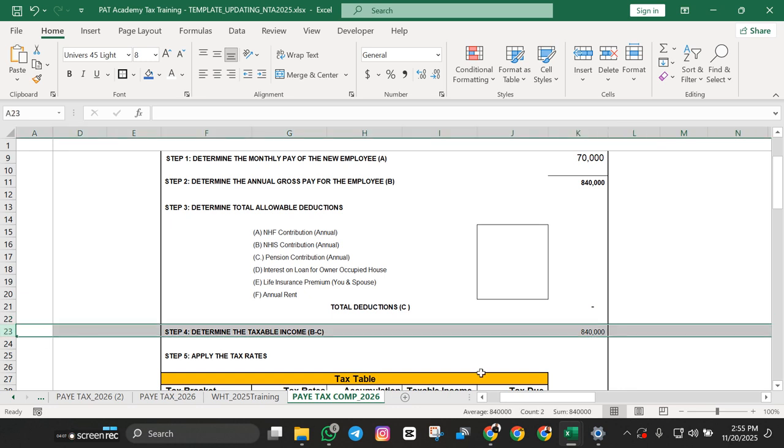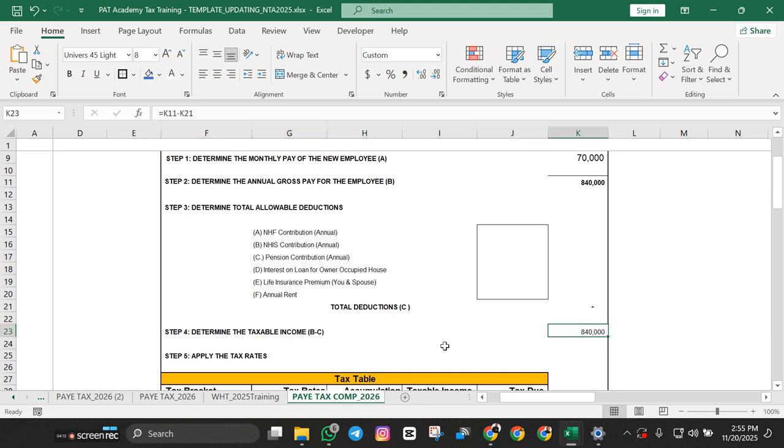For step number 4, we need to determine the taxable income. Taxable income is the income that will be taxed in the hands of the employee after taking out the allowable deductions. So after we have allowed that person those deductions, this is what will be taxed.